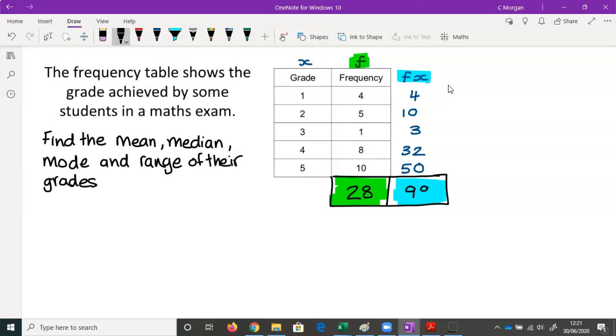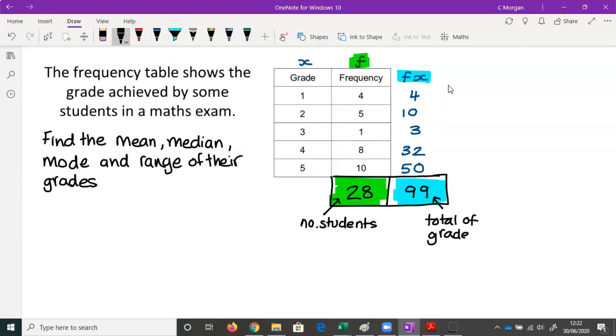Now, if I have a look at what this frequency table is all about, it says it's the grades achieved by some students. Well, I can see there were 28 students, so that's the number of students, and 99 must be the total value of all the grades added together.